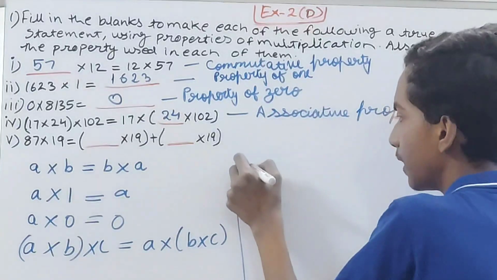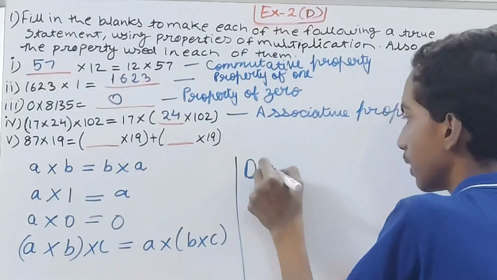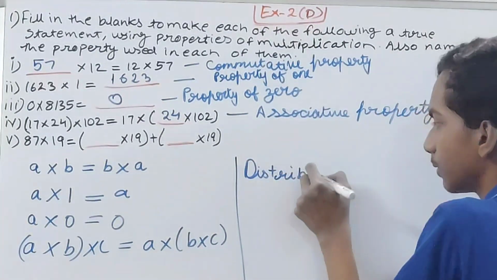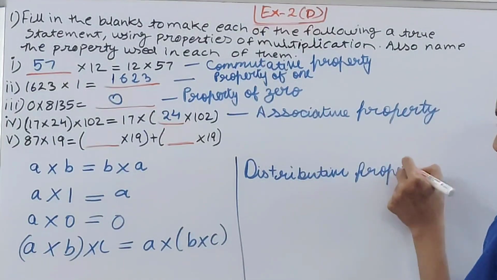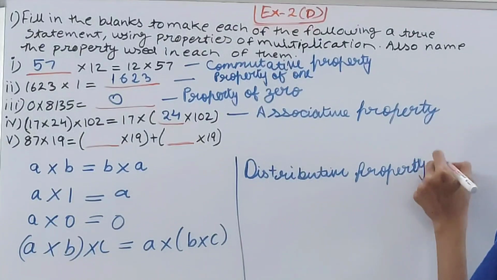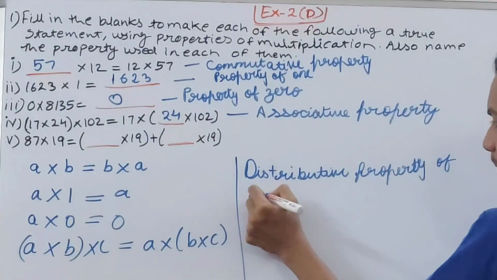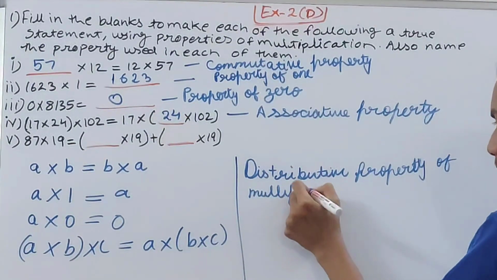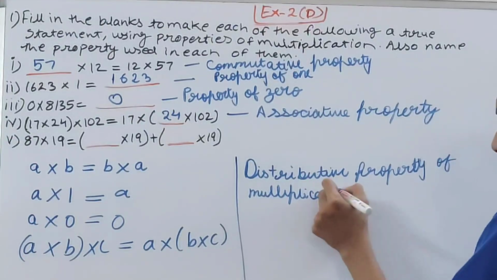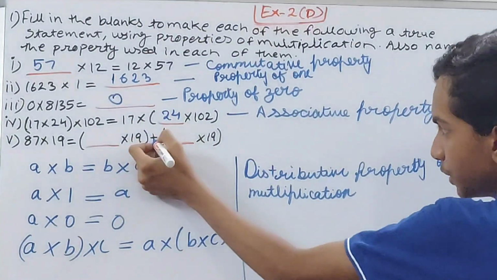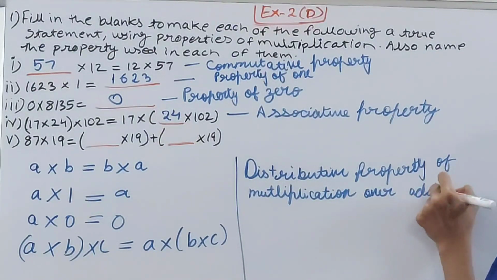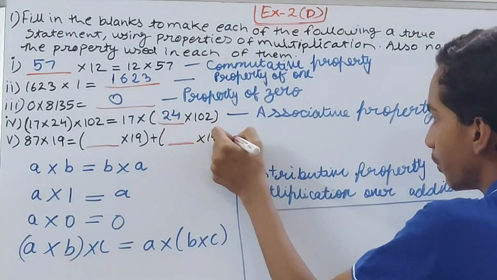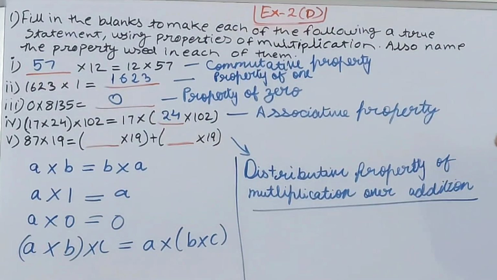See, this property is called distributive property of multiplication, right? And since we are doing addition here, so you will write here over addition, right? So this is the name of the property that we will be using for the fifth part.